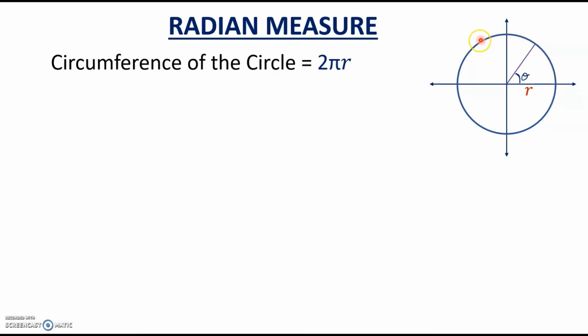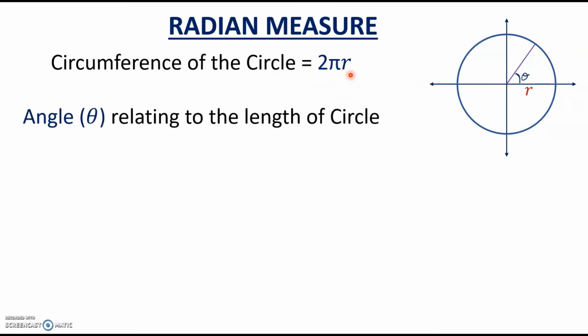Extending this to measuring the angle theta in relation to the length of the arc here is called the radian measure. So, this length will be related to the radius.